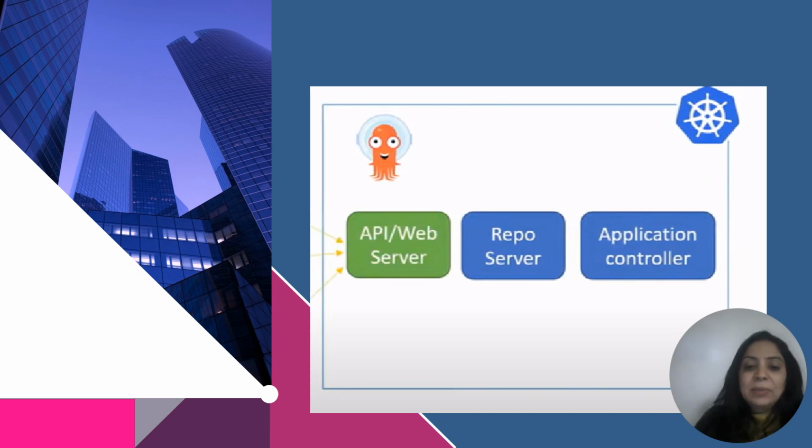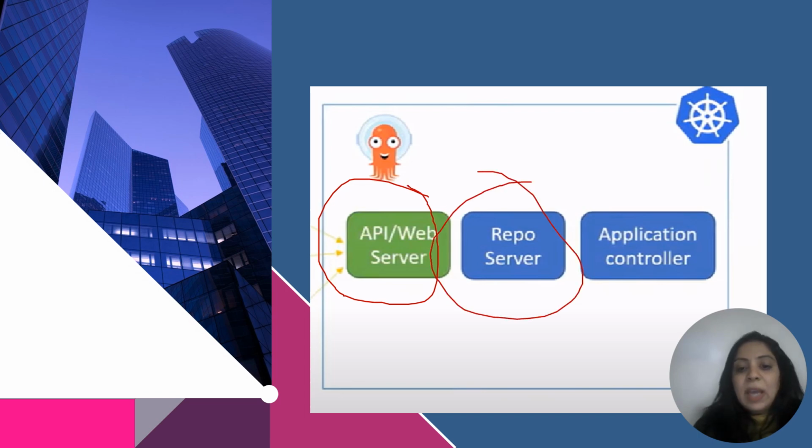In one line, what is the actual role of GitOps? We use a GitOps tool to keep things in proper sync between Git and Kubernetes. But what are the components? There are three components: the API web server, the repo server, and the application controller.